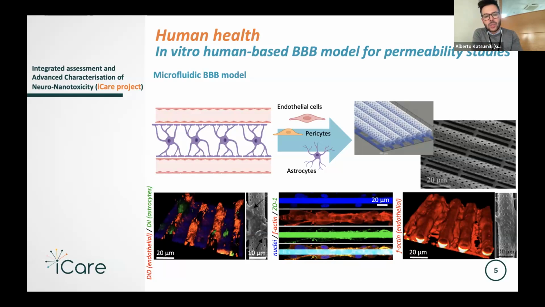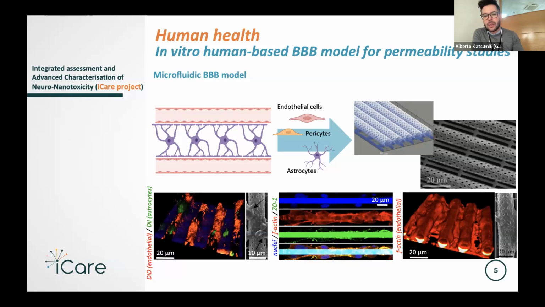In the images below, you can see marked in fluorescence, in red color, the endothelial cell lines, and in green color the astrocytes. You can see that the cells settle, attach to the system, and work quite well in this tubular microfluidic system.